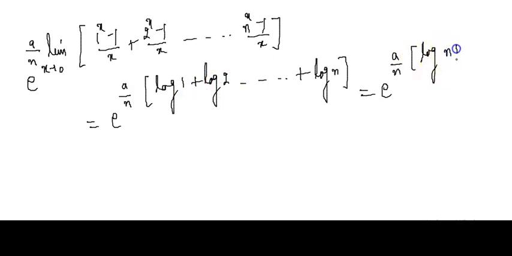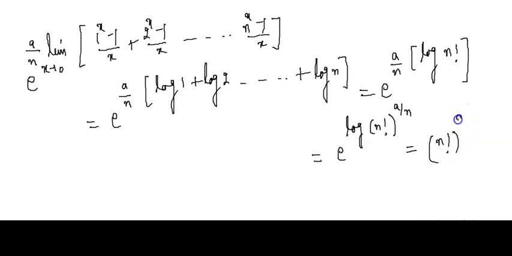This will be n factorial, or we can say it would be e to the power log n factorial raised to the power a by n. And e to the power log of this, so we can say that this will be n factorial raised to the power a by n. This is our final answer to this question.